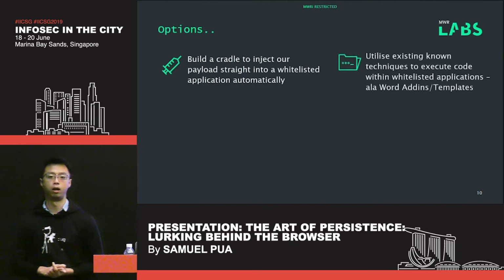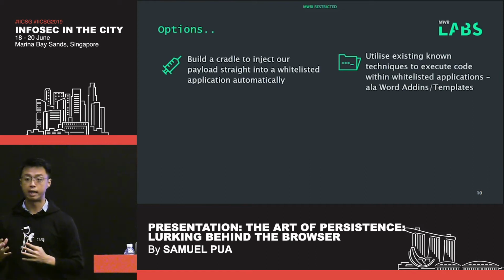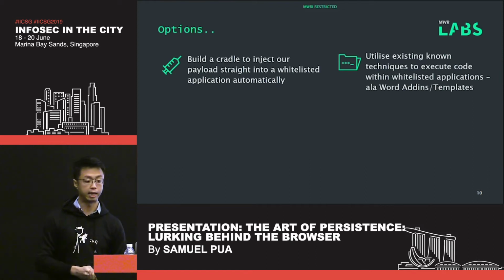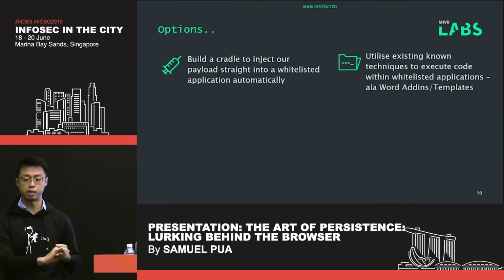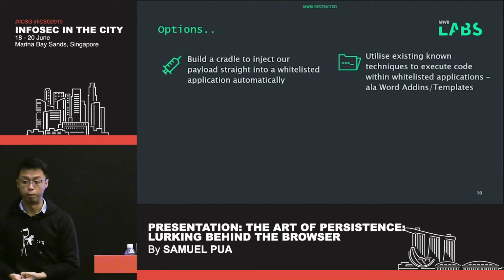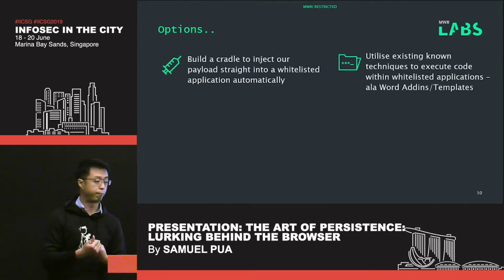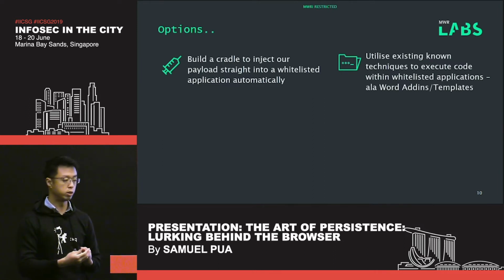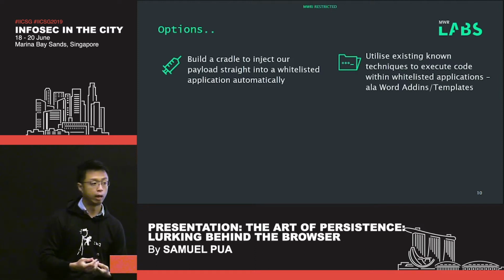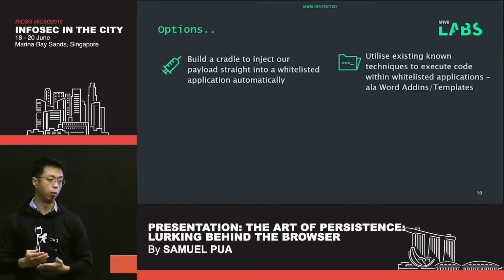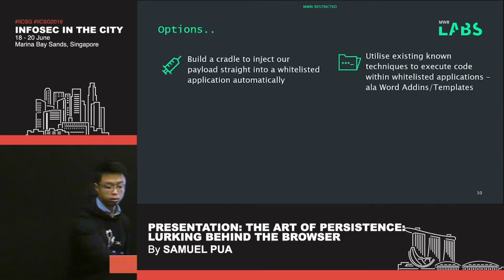The next option we considered was to utilize an existing known application that is able to execute code, for example, macros. In our reconnaissance, as we all know in the corporate environment, many workstations actually run Microsoft Office. And within Microsoft Office, we are able to use macros or perhaps Word add-ins or templates, so that whenever Microsoft Office is launched, our payload will be loaded as well.